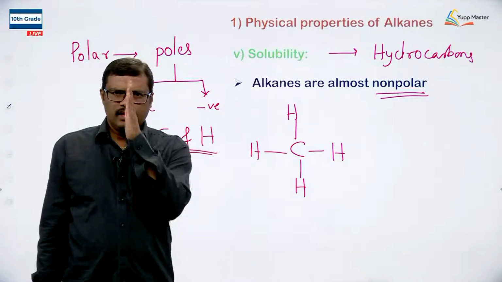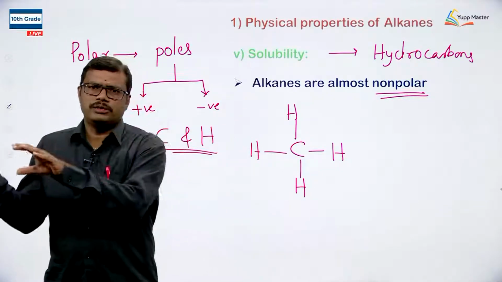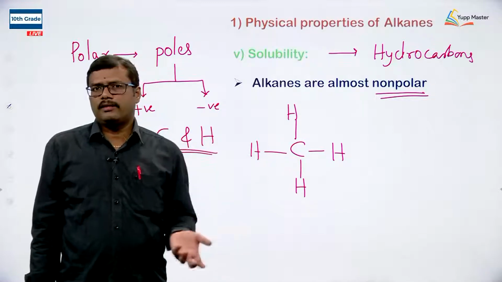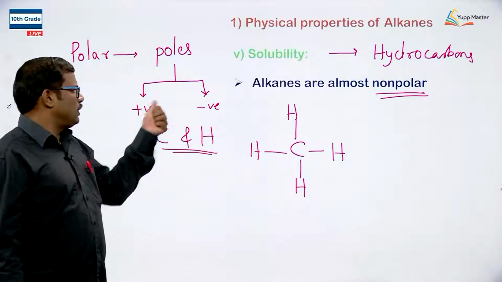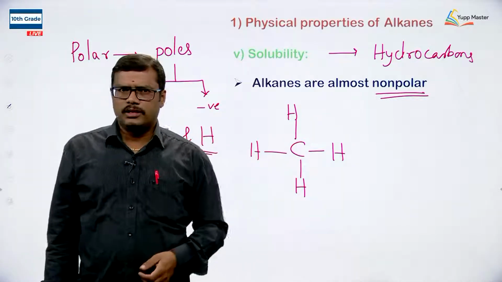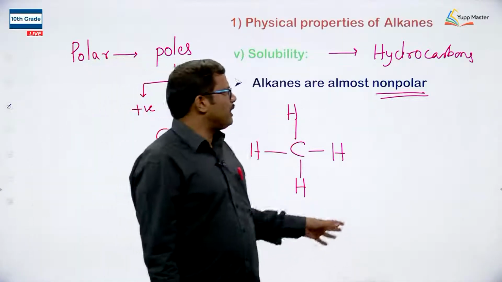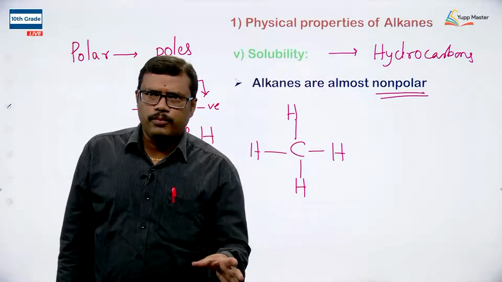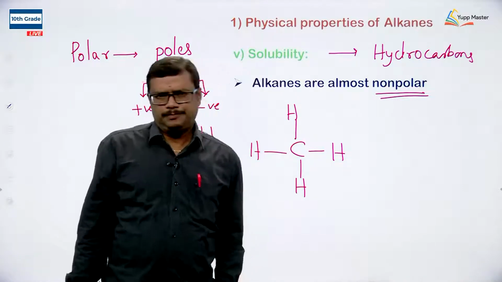It is located in the middle of the carbon atom and hydrogen atom, not near to hydrogen, not near to the carbon atom. So, we cannot expect polarity, we cannot expect the formation of poles. Poles mean positive and negative charges. So, we cannot expect the formation of positive and negative charges in the molecule. Since there is no positive and negative charge formation, they are non-polar. So, alkanes are non-polar and generally they are used for solvent purposes.